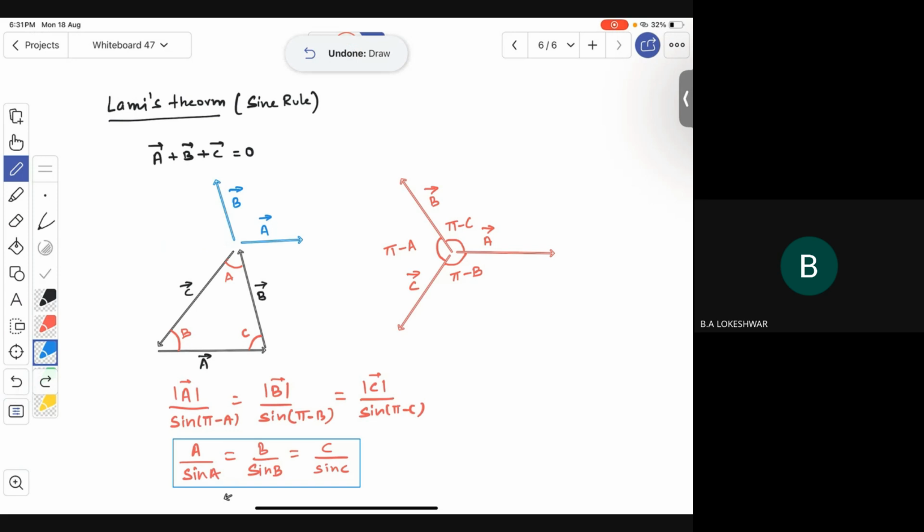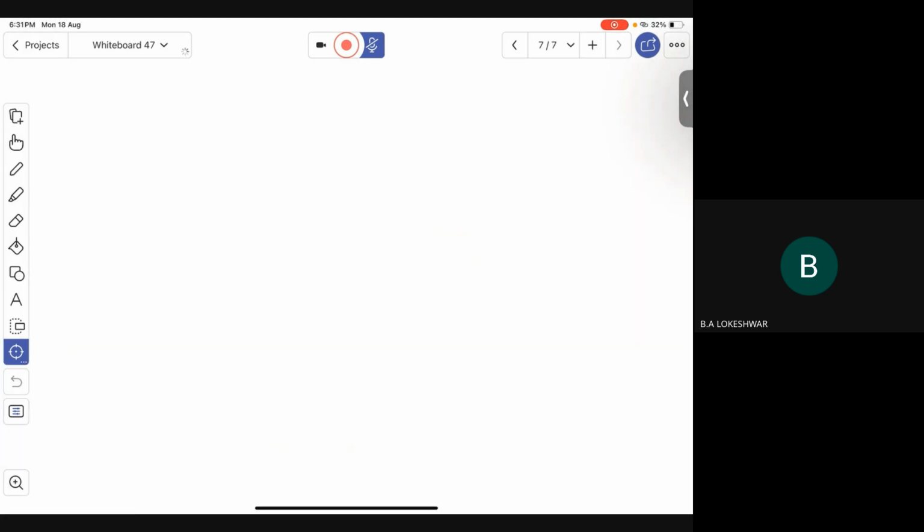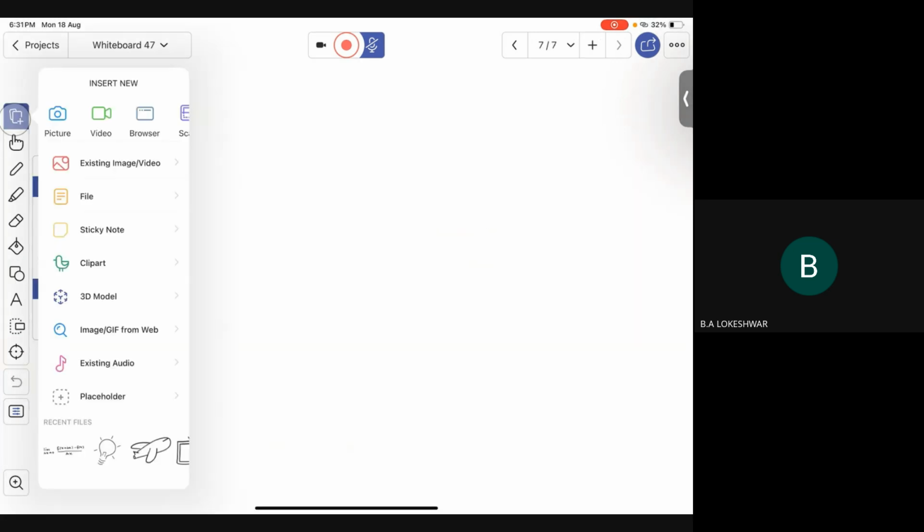I will show you how it can be of use and how it is of no use also using this question. So three vectors are given in the same plane and their resultant will be zero if they follow this rule, called the sine rule or sometimes also called Lami's theorem. So this question we will try now.